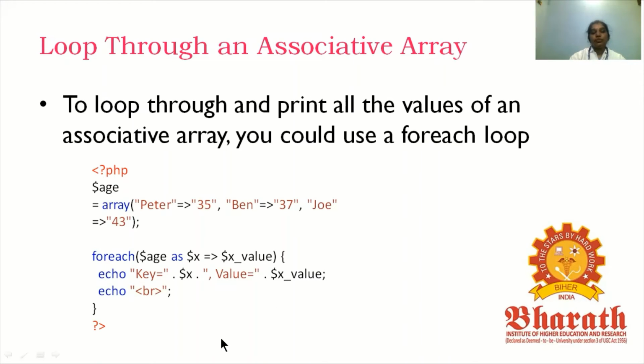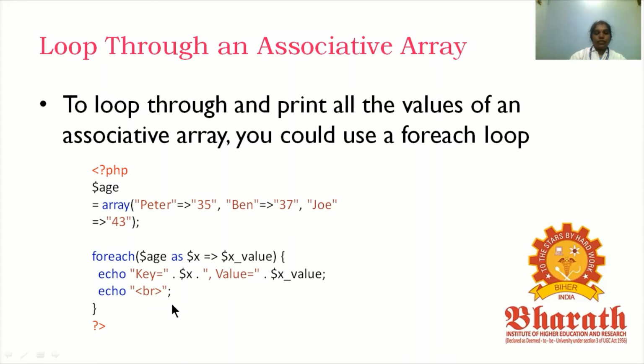Suppose you want to display both the key as well as the value, then use it like this: foreach $age as $x => $x_value, because $x points to the key and $x_value points to the value of the associative array.